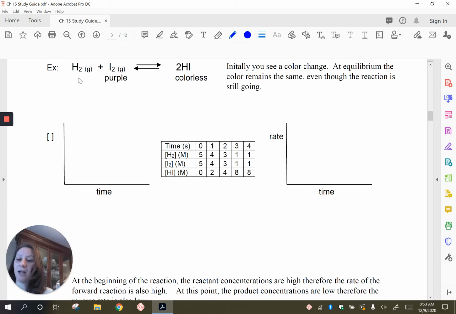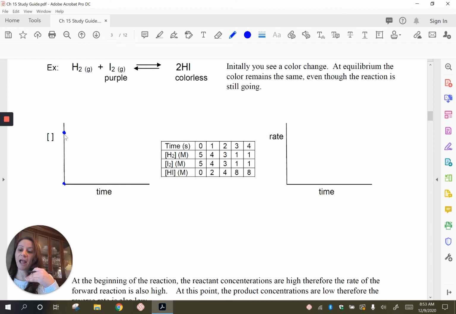So my reactants concentration is really, really high, and my product concentration is basically 0, okay? As time goes by, I have lots of reactants at the beginning, but they're going to get used up to form products.